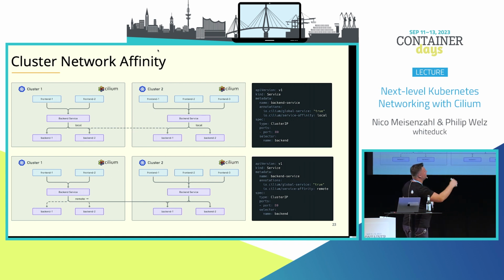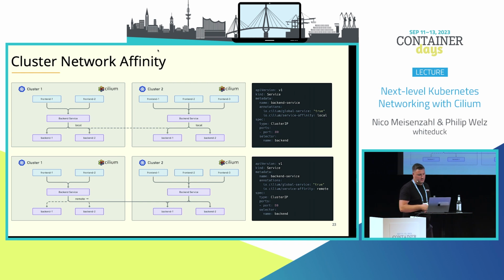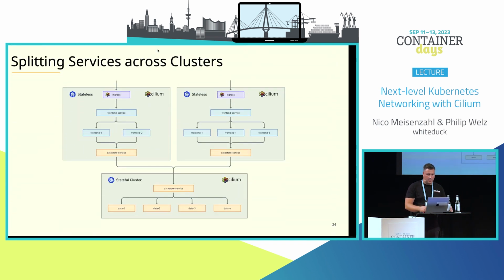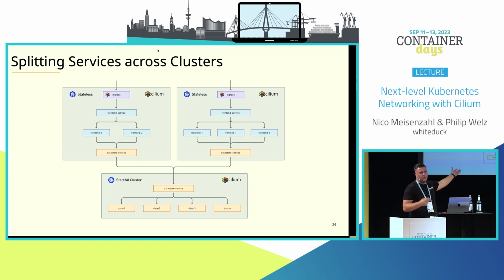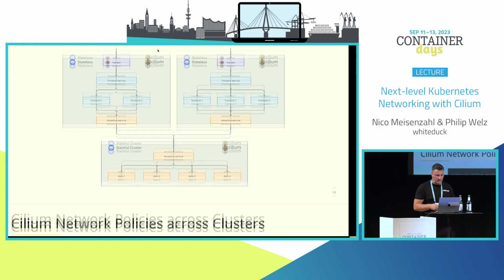And then we can set affinity, use local or remote until the route becomes unavailable. And we can also do the advanced scenario where, for example, we have two stateless clusters and one stateful cluster where we redirect all the traffic where state needs to be saved, in this one stateful cluster where we have storage attached.